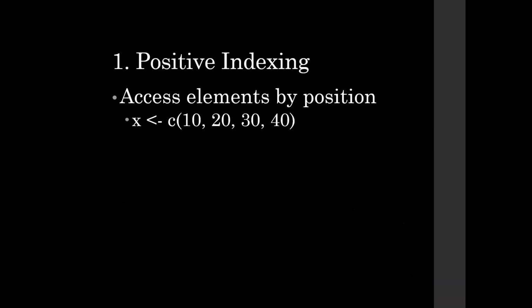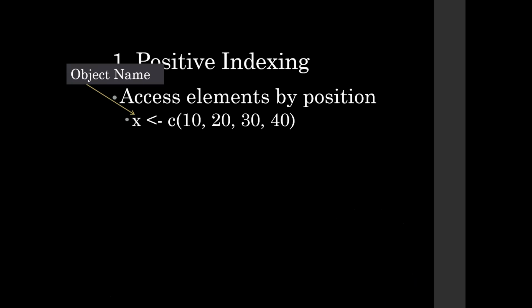So first, let's talk about positive indexing. Positive indexing helps in accessing the elements by position. For example, you can see the syntax of creating a vector x which contains numerical values.